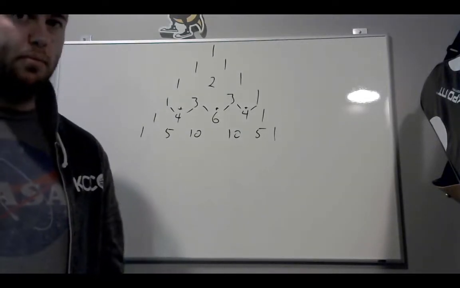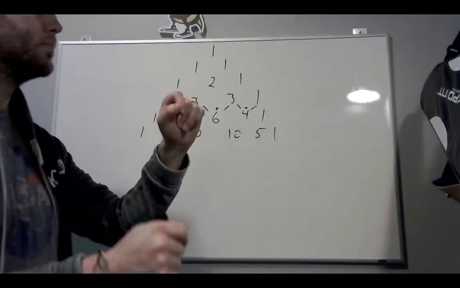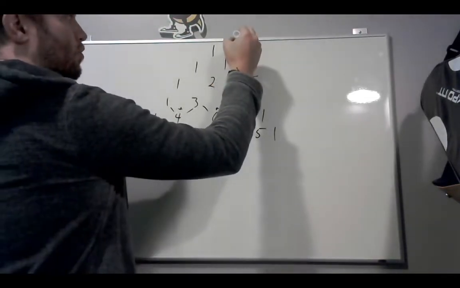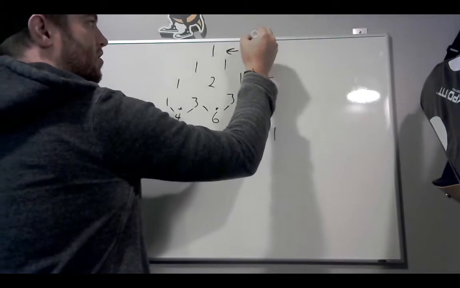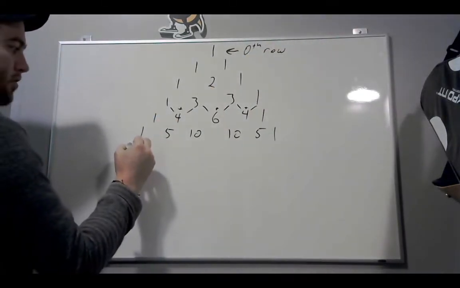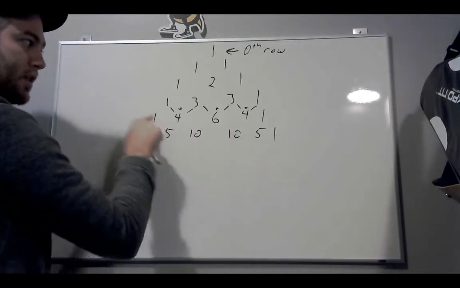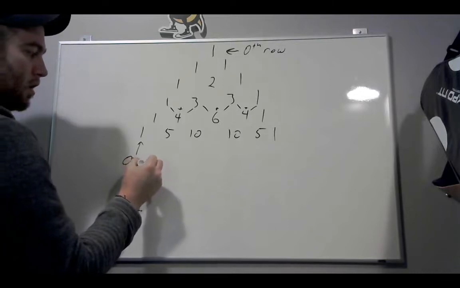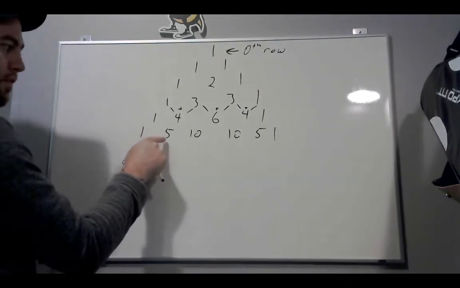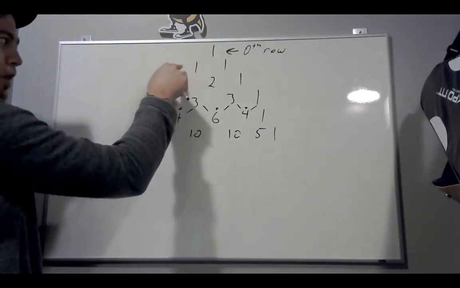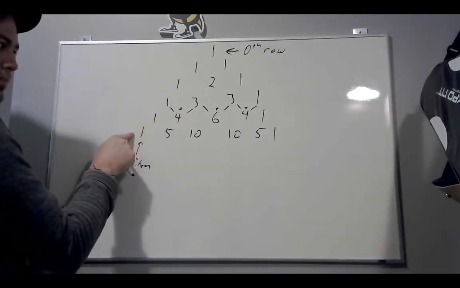Also, what's really cool about Pascal's triangle, well, I'm getting ahead of myself. This first row is actually considered the 0th row, and the first item on any particular row is called the 0th item. So then we have the 0th, 1st, 2nd, 3rd, 4th, 5th, and this was on the 0, 1, 2, 3, 4, 5th row.